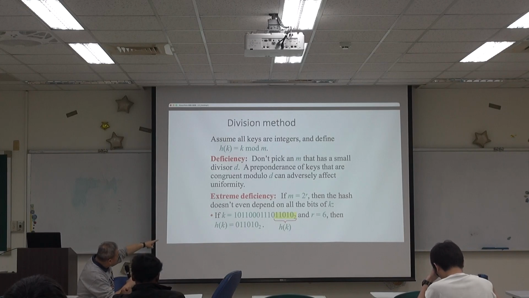If you do k mod n, only the last 6 digits will be used, right? So the result is going to be 011010.